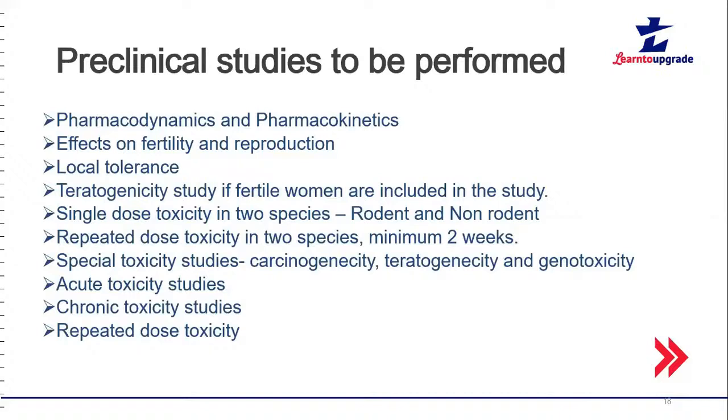Carcinogenicity, teratogenicity, and genotoxicity. Here, specifically on genes, we are checking the toxic effects. Somehow you can consider that as a mutation type of thing. So when we have those things, we do the specific toxicity studies also.